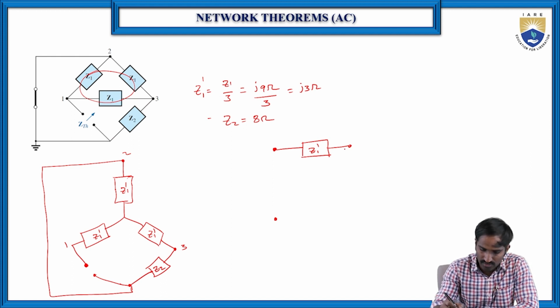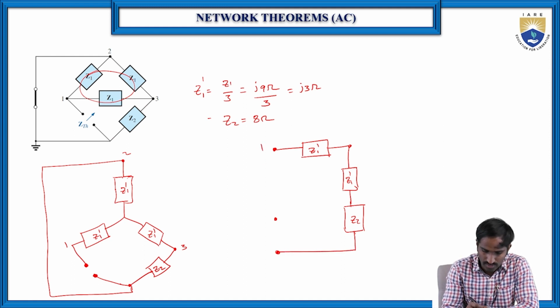Okay. So then here Z1 dash and Z2, and from Z2 the terminal 2 is there. This is 1, and let us consider here it is 2, because from here the terminal is the same.